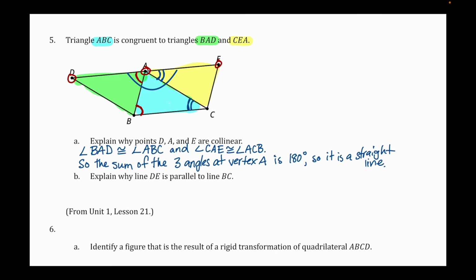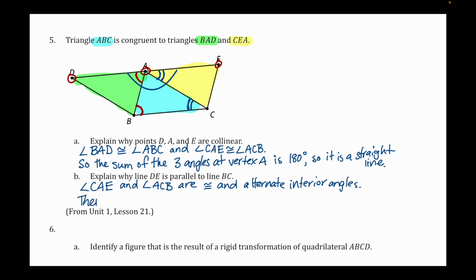So I would say that angle CAE and angle ACB are congruent and alternate interior angles.